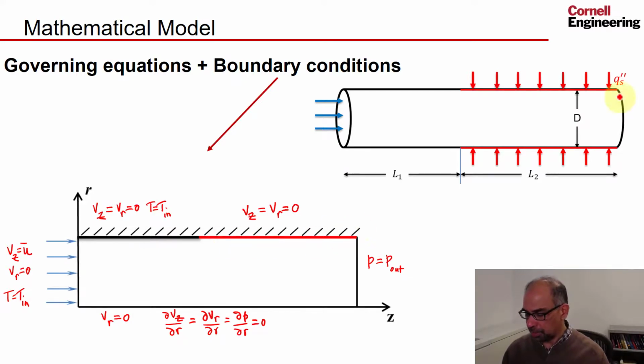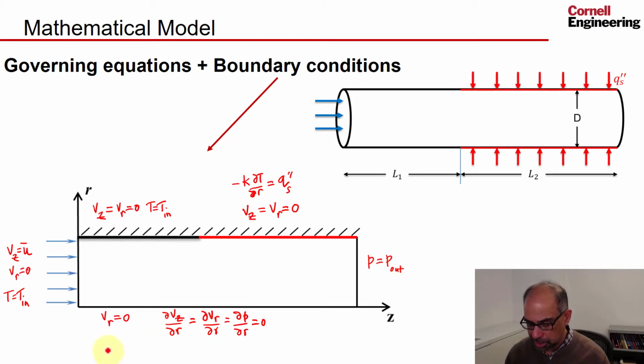Here we have the constant heat flux. So using Fourier's law, minus k dT/dr should be equal to that value of the heat flux that we put in. So it's essentially setting the radial gradient of the temperature. And nothing to do at the outlet, similar to the velocity boundary condition.